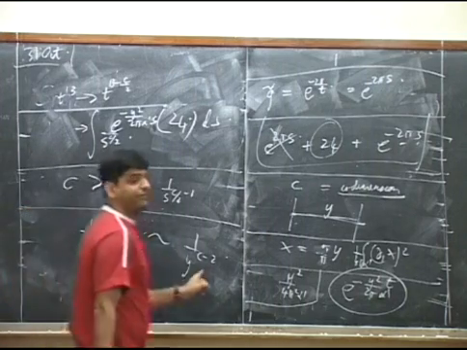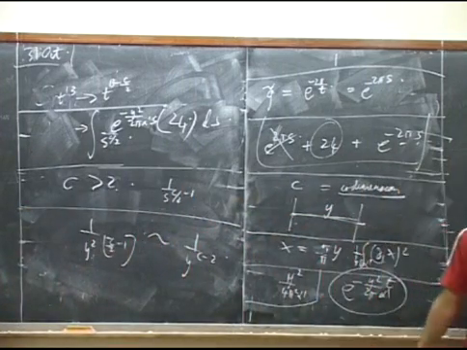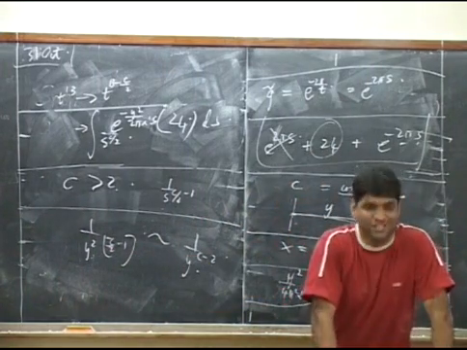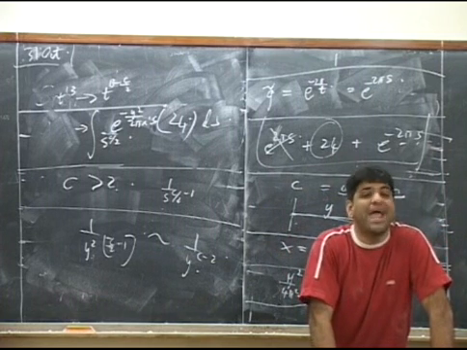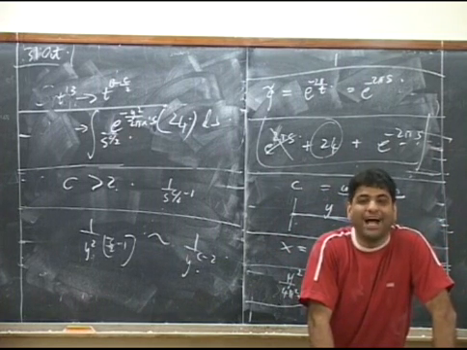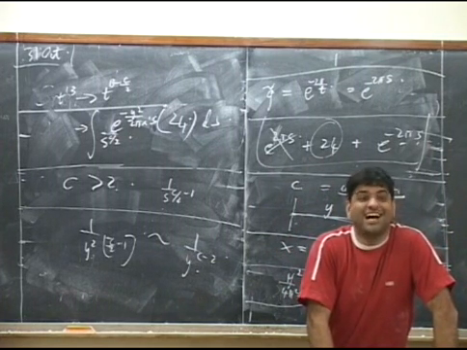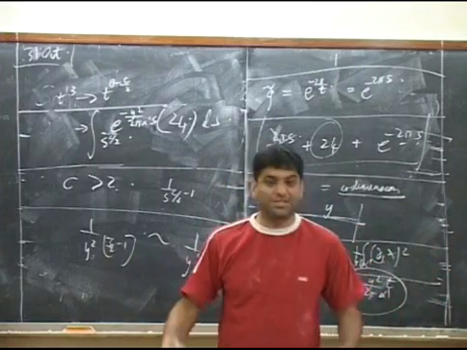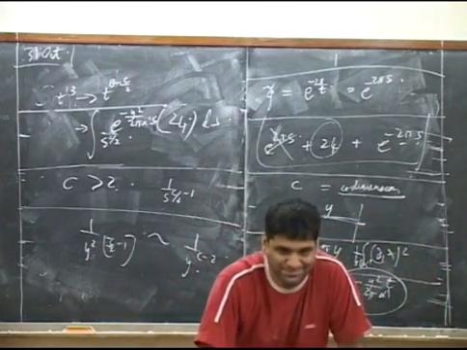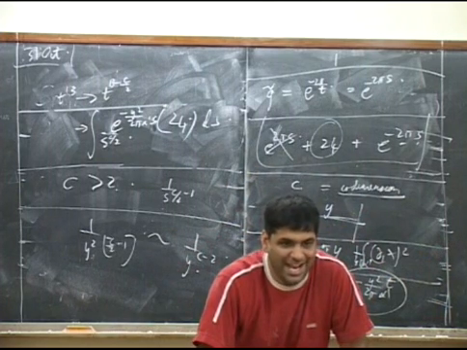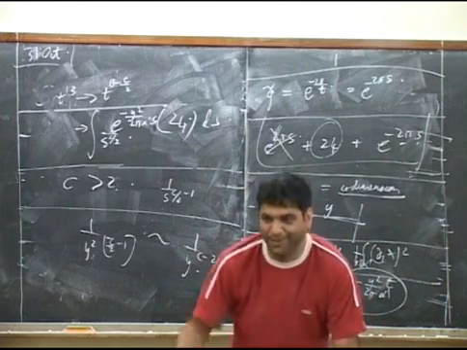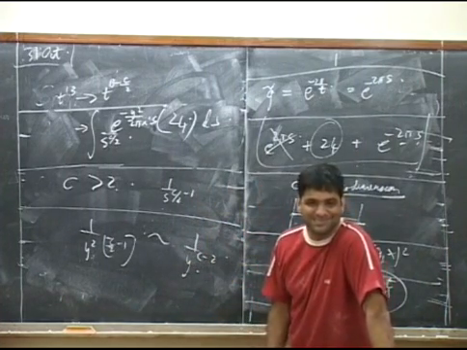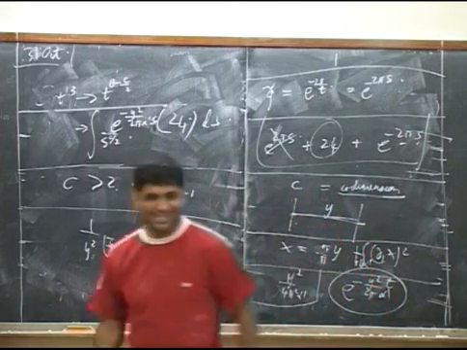Now, if you think about this, this is a perfectly reasonable answer. Why? Because this is the dependence of the Green's function of del square on y in a c-dimensional space. In 3-dimensional space, the Green's function of del square is 1 by r. In a c-dimensional space, it is 1 by y to the power c minus 2.